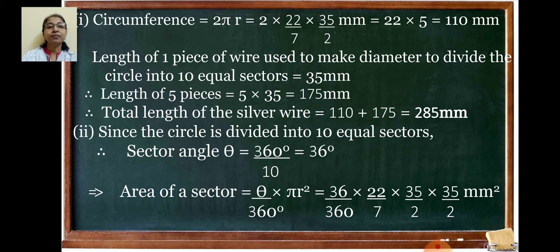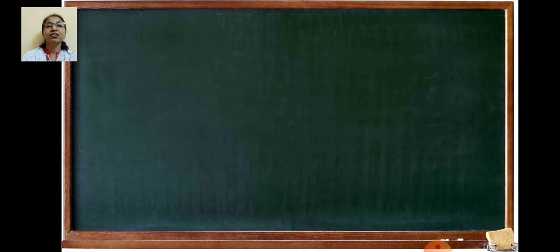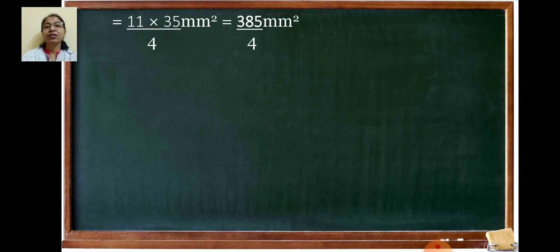Simplify. 36 10s are 360, then 7 5s are 35, 2 11s are 22. On simplification, you will get the answer as 385 divided by 4 millimeter square, because it's an area.